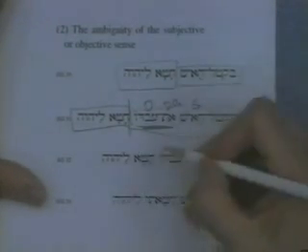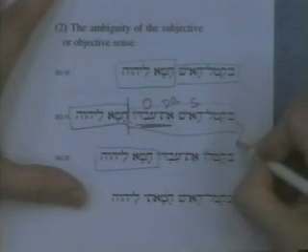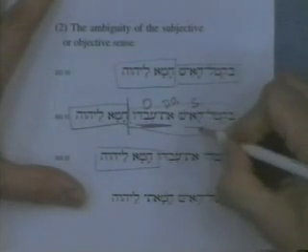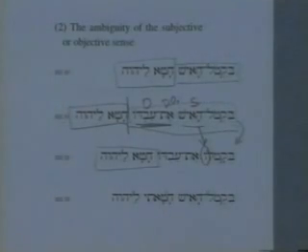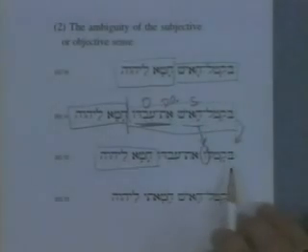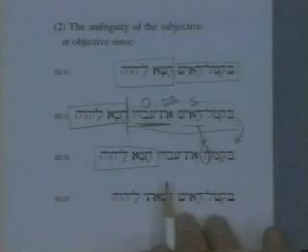Now look at 32. What's happened here? What's the difference between 31 and 32? The man has been replaced by the pronoun. So instead of in the man's killing, it's simply in his killing his servant. But is it clear who's killing whom?